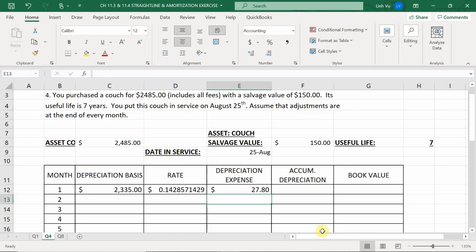Yes, at the end of every month. Right. So in this case, does it matter when you place into service if you are depreciating at the end of each month?